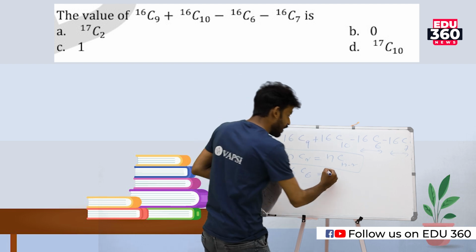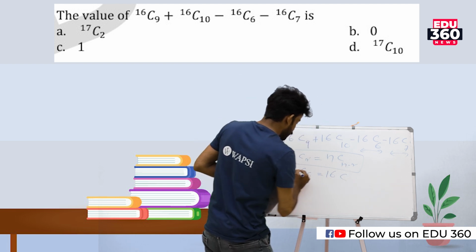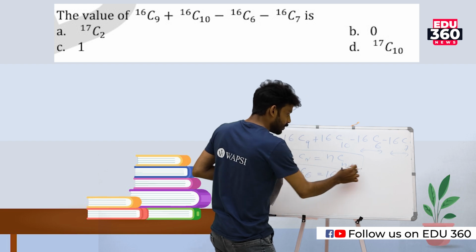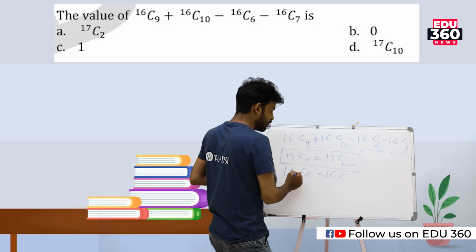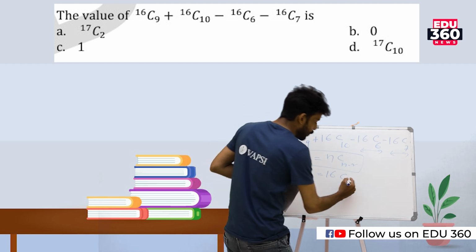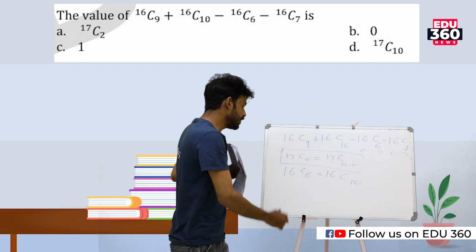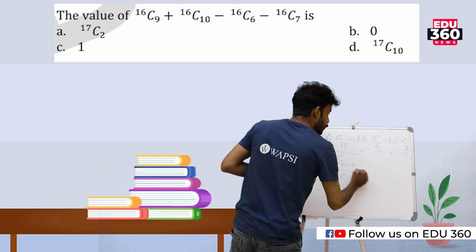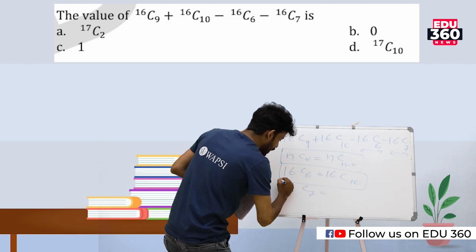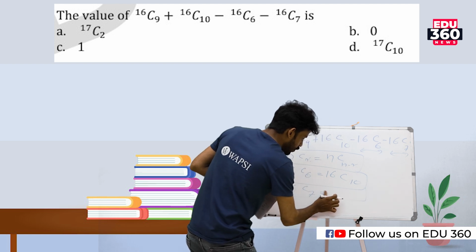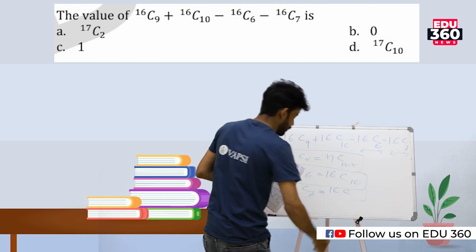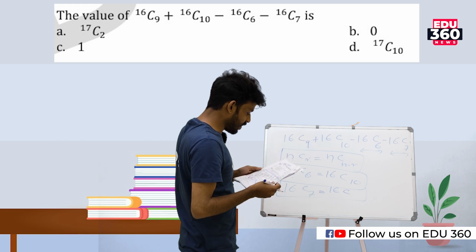By using this, I'm going to write 16C, what is the value? n is equal to 16 minus r. Here n is equal to 16 and r is equal to 6, so 16 minus 6, the value is 10. And for 16C7, again I'm going to write it as 16C(16 minus 7).